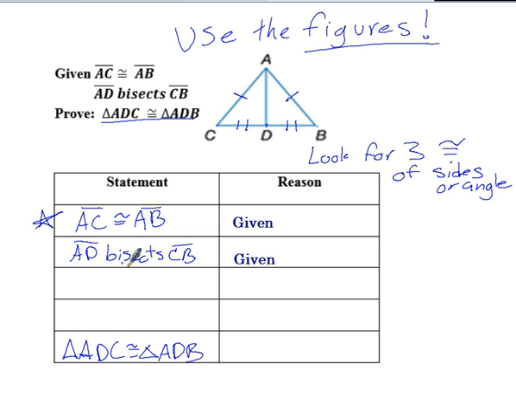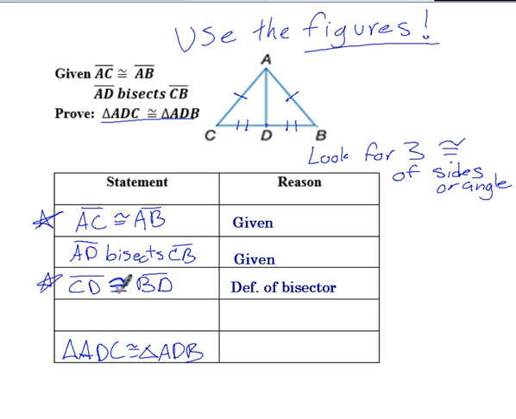Why? Because it's bisecting. Definition of bisector. So here I can say that CD is congruent to BD, and that's the definition of a bisector. And I can put a star next to that, because now I have a second congruency. So 1, 2. Now I need that third congruency.